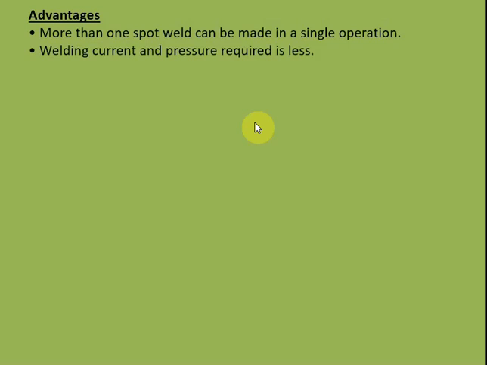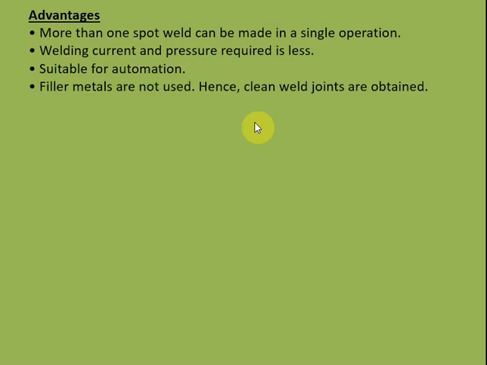And here the required electric current and pressure are less compared to other welding, and you can automate it easily. Here we are not using filler metals, and hence the weld will be clean.